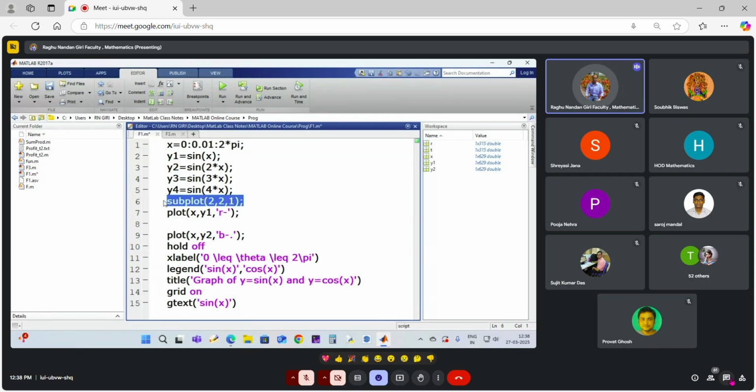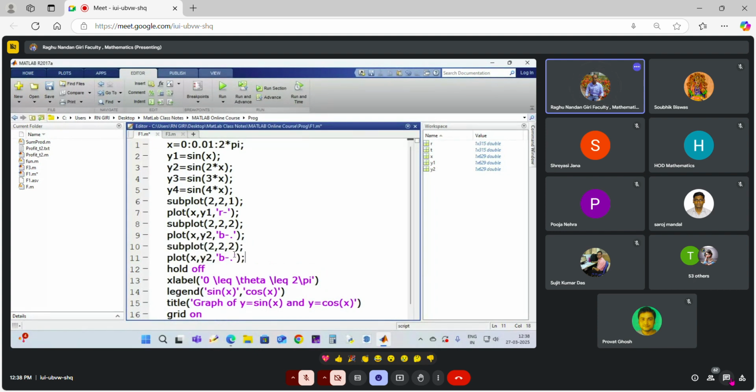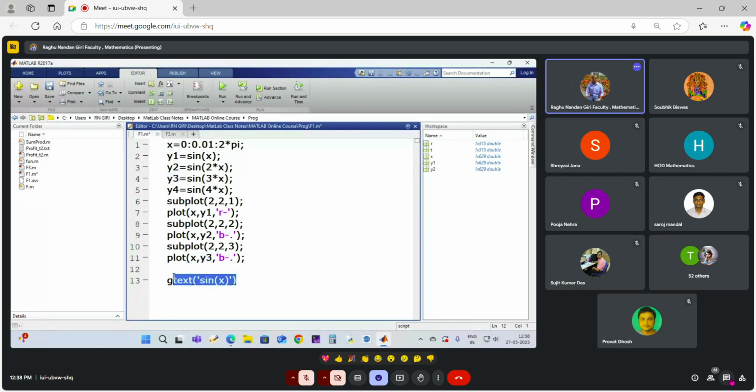Then in a similar way, subplot of 2 by 2 at position 2, I want y2. In the third position, the third cell, I want x against y3, and the fourth position, I want y4.